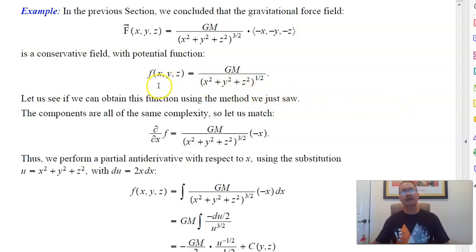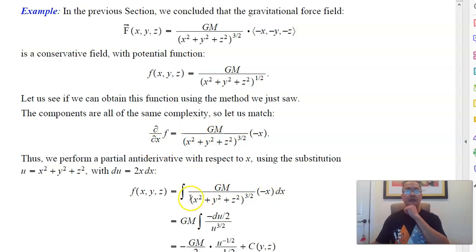In other words, we're looking for a function whose partial derivatives match these three components. But of course, we're going to need to bring this into our vector because there are variables in here. So we need the partial of f with respect to x to be GM over this multiplied by negative x. So we will take an antiderivative for this with respect to x.